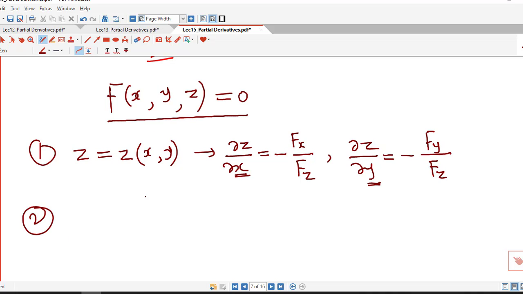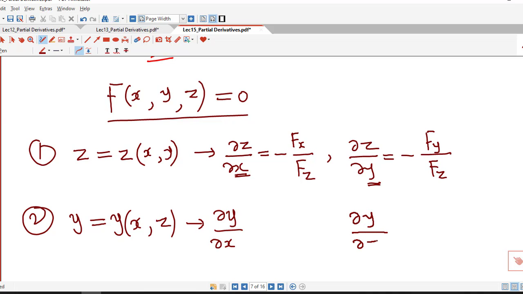Now suppose this relationship determines y as a function of x and z, then we are interested in the derivatives of y with respect to x and z. So similarly, we have the formulas for derivatives of y with respect to x and z. So this is the way how we will remember.